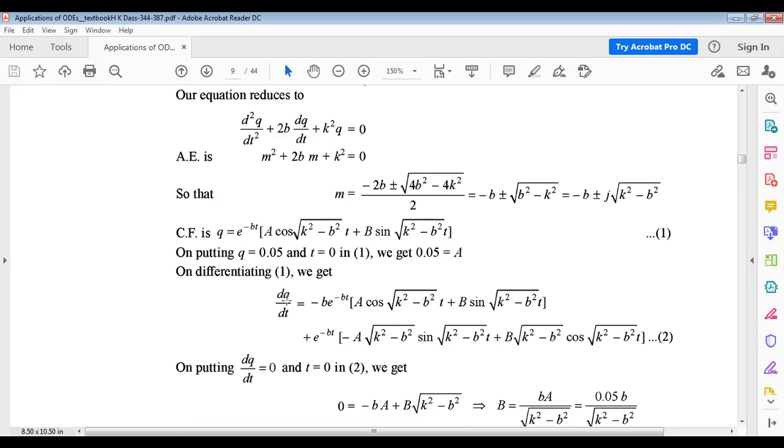So on differentiating equation 1, dq/dt means what? I, electric current. Okay, to get current I, we are differentiating this one on both sides with respect to t. So dq/dt equals to the uv formula. We have to apply the uv formula as in the previous example. So u means what? The whole third bracket, considering u into the differentiation of v, e to the power minus bt, multiplying with the coefficient of t, minus b.